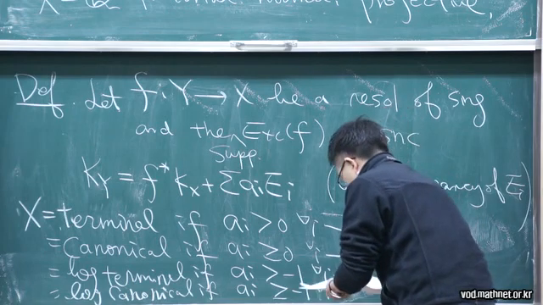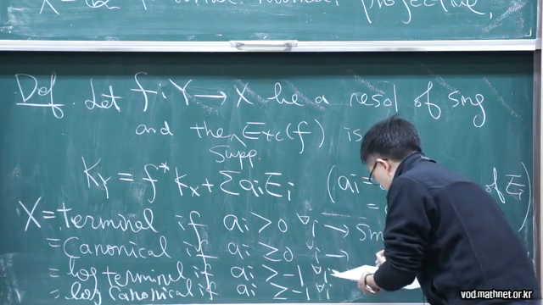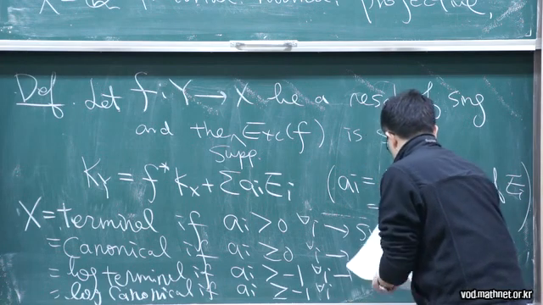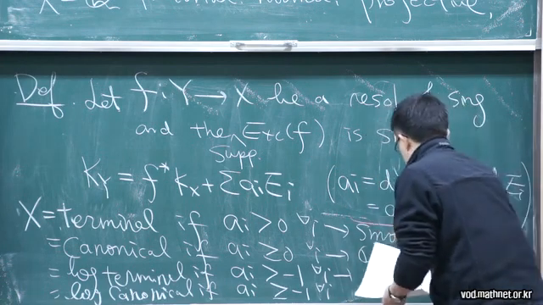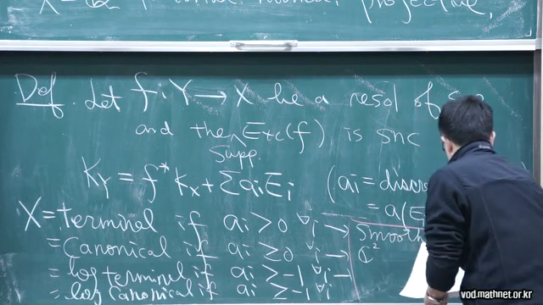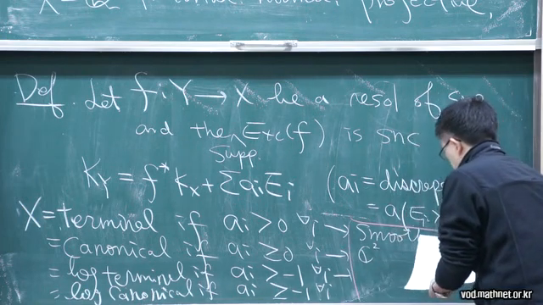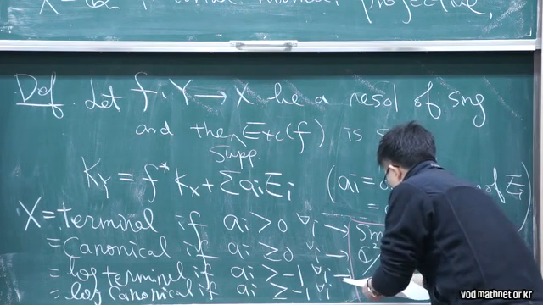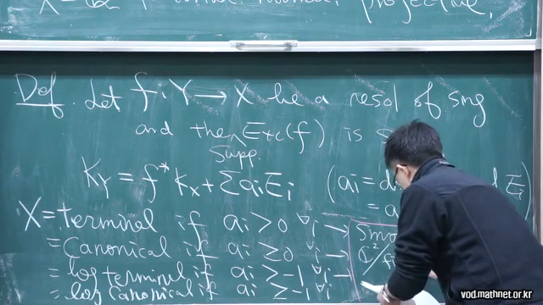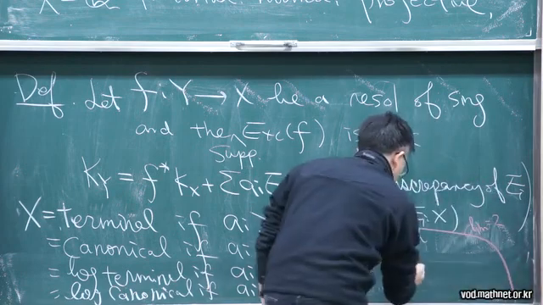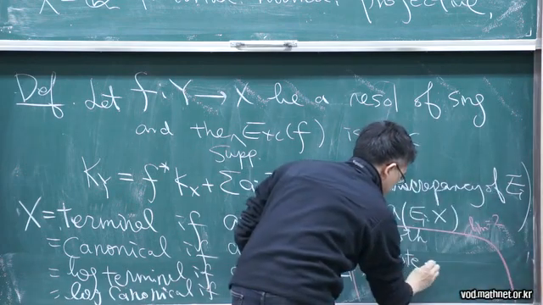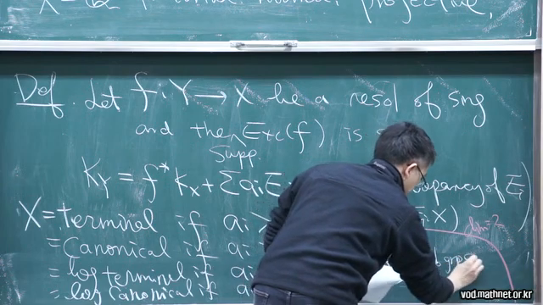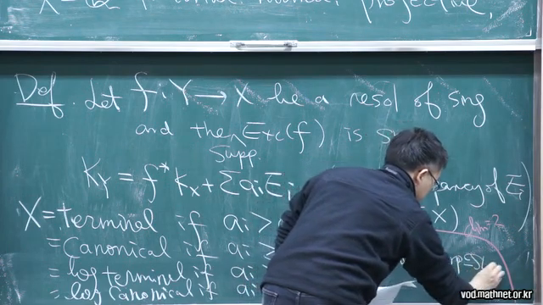And each has a description. In dimension 2, this is locally defined by C^2 modulo some finite subgroup of SL_2.